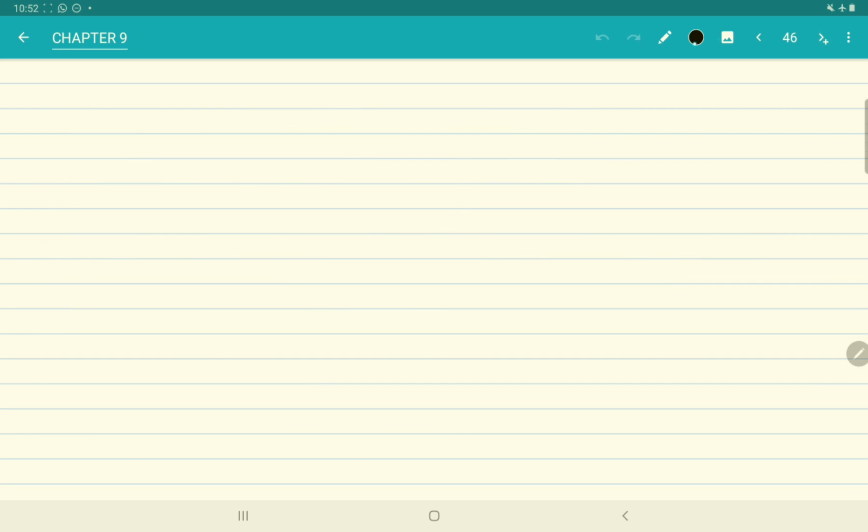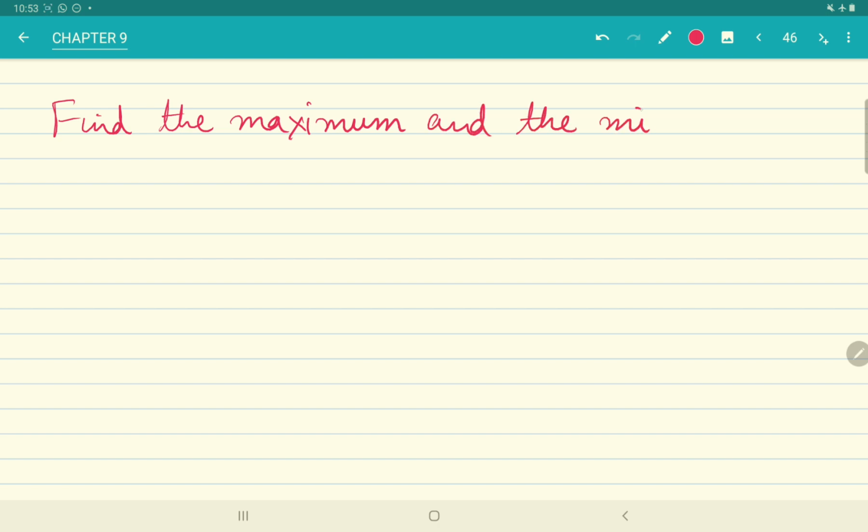So let's suppose that I want to find the maximum. This is what I am concerned about: find the maximum and the minimum values of a differentiable function. As I said, most of the functions economists study are usually differentiable everywhere.